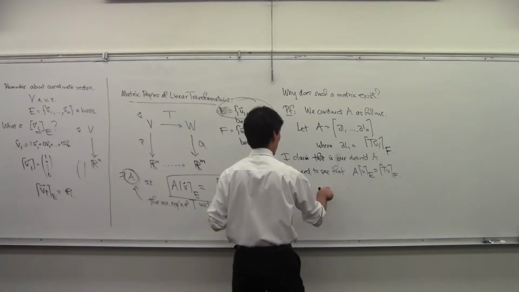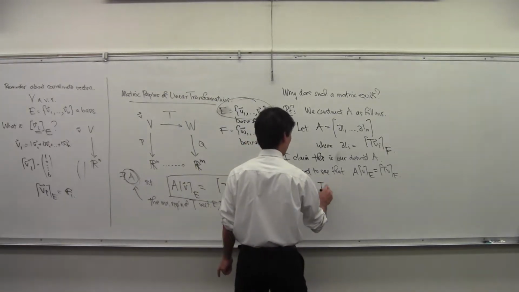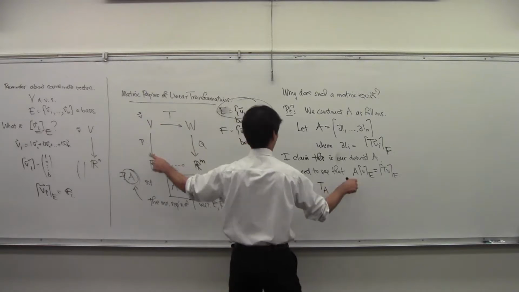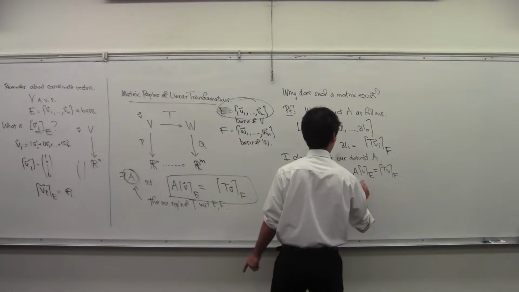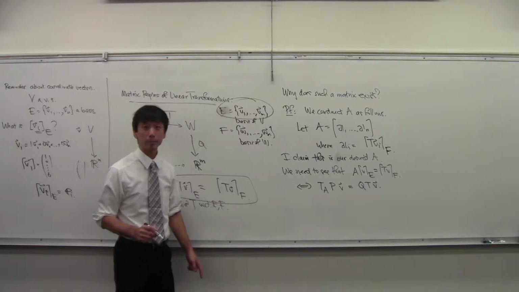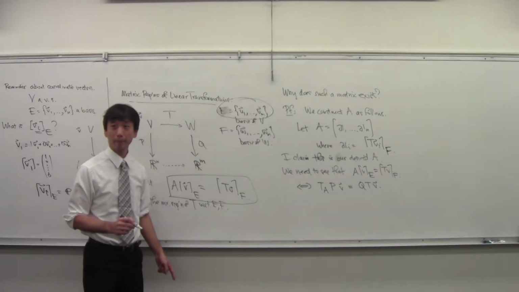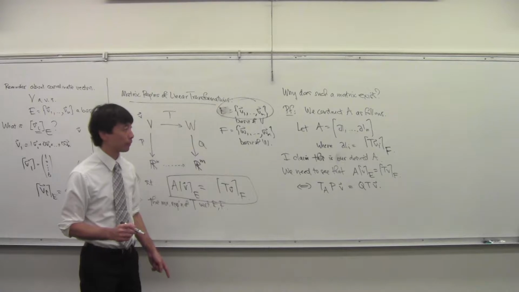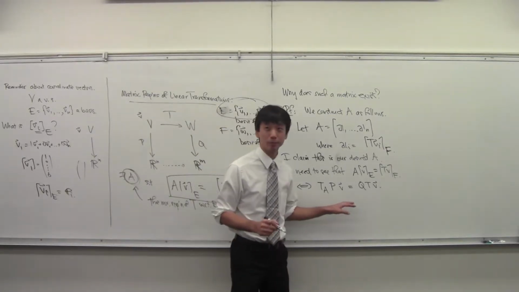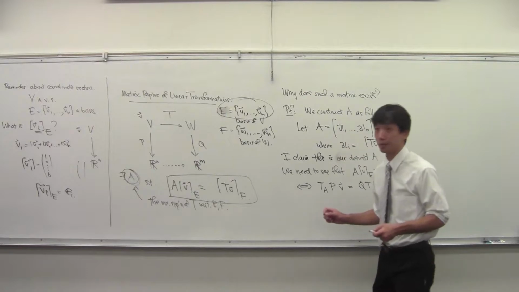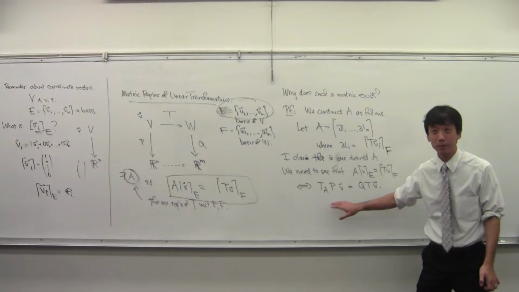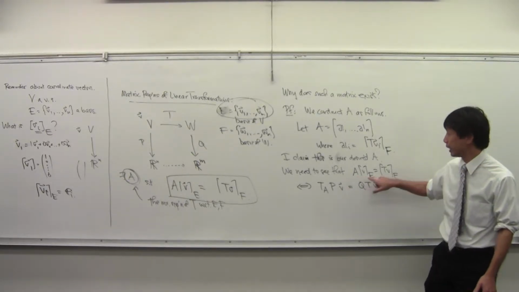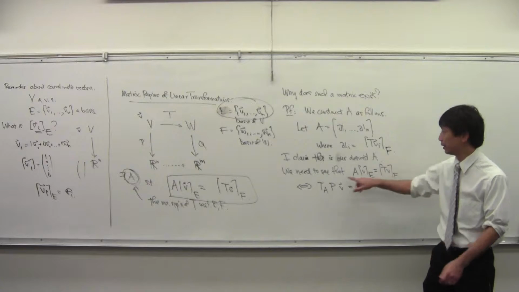That's the same thing as saying that T_A P V equals Q T V. Okay, does that make sense? Does that make sense that these two are exactly the same, that this thing and this thing are the same?